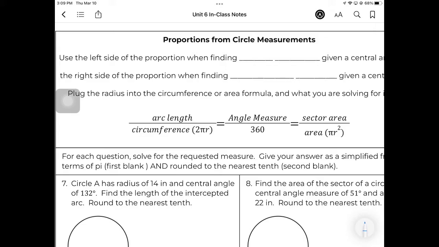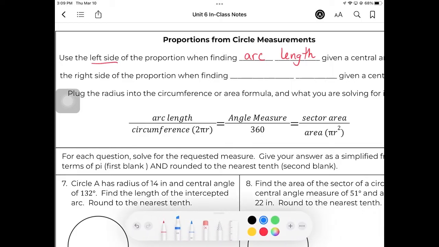If we're trying to find the arc length, the length of an arc, we're going to use the left side of this proportion. Arc length, L, over the total circumference, 2 pi r, has to equal the central angle measure, we'll just call that x, over 360.